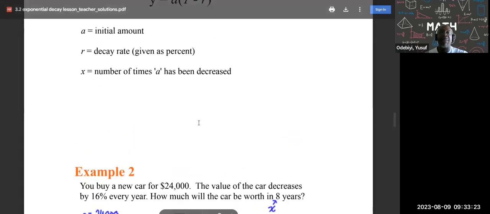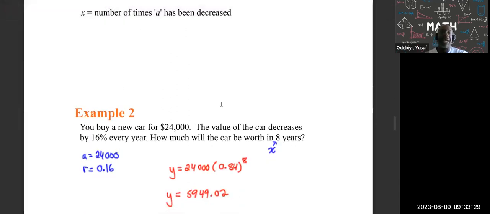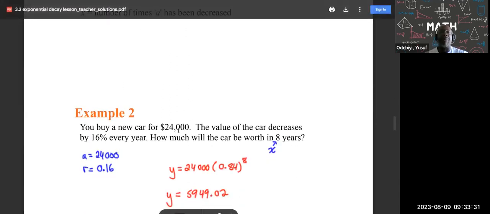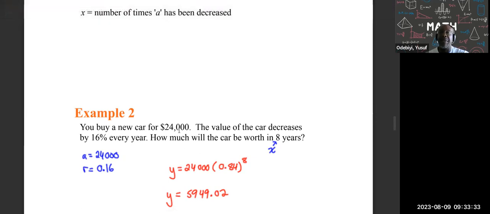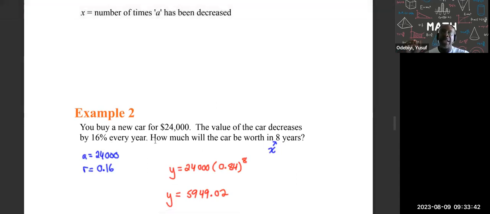Here's an example where you can use a decay rate, when you're talking about something that depreciates. Like I buy a brand new car, and the value goes down every year. This car costs $24,000. The value decreases 16% every year, so the decay rate is 16%.